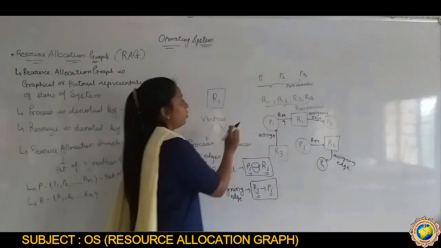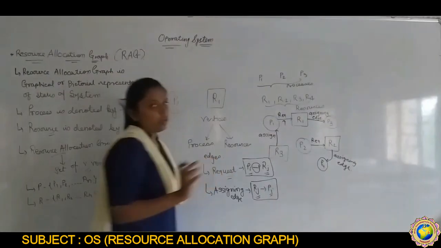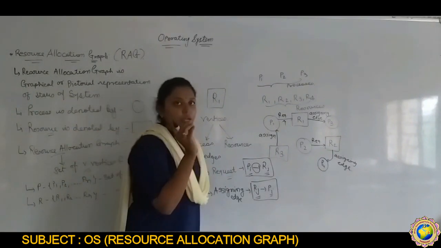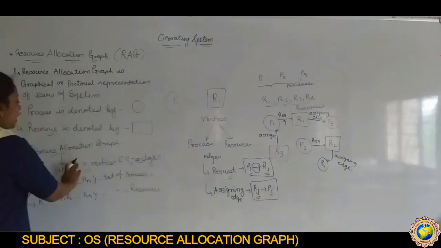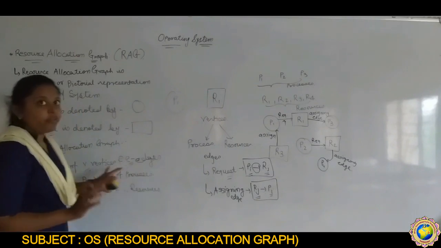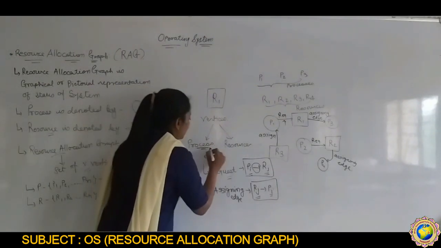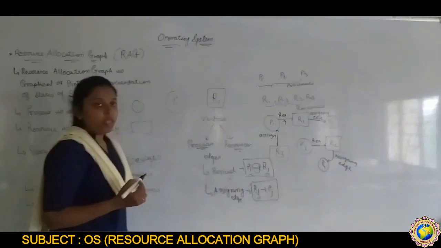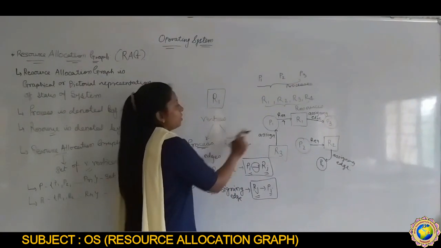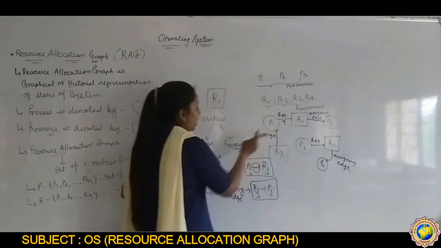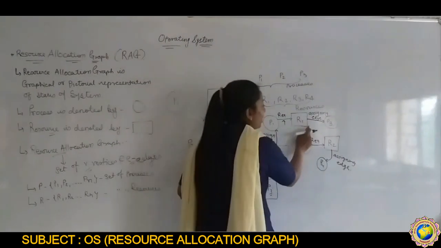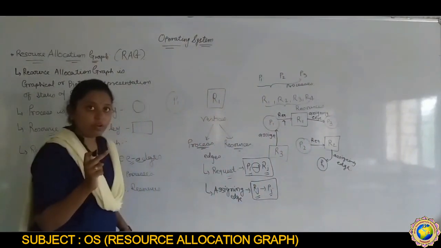So this is how the resource allocation graph works. We have to keep in mind only the vertices and edges. Vertices are divided into two parts, the process and the resource. Process is denoted by a circle and resource is denoted by a rectangle.